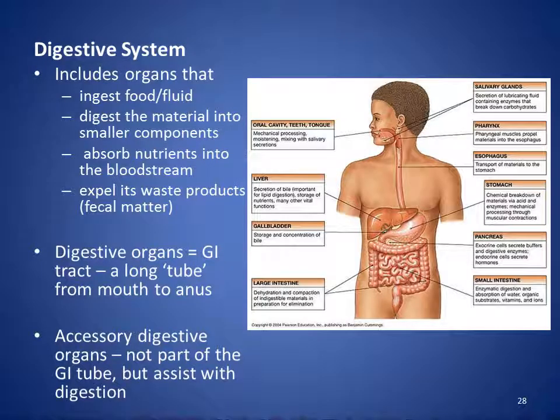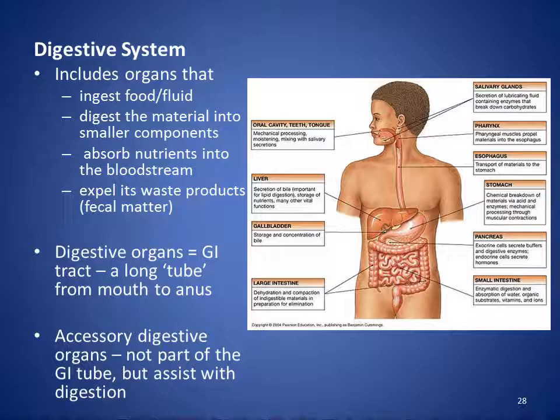The digestive system includes that system of organs that not only ingest food and fluid, but break it down into smaller components so that these components can be absorbed into the bloodstream and transported throughout the body. It also expels waste products such as fecal matter.